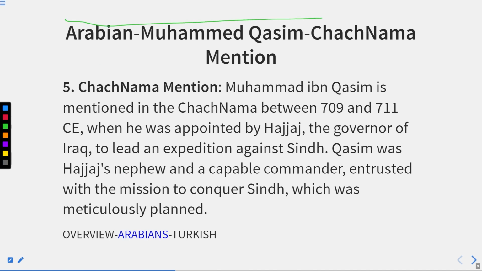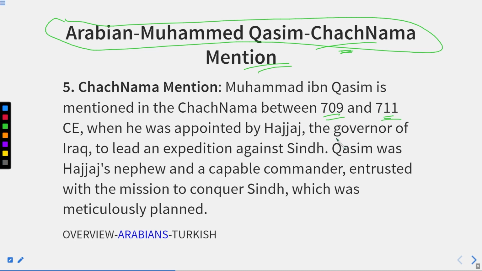Thereafter, what we have is the Chachnama. What do you mean by Chachnama? Muhammad bin Qasim is mentioned in the Chachnama between 709 to 711 CE, when he was appointed by Hajjaj, who was the governor of Iraq at that time, to lead an expedition against Sindh.